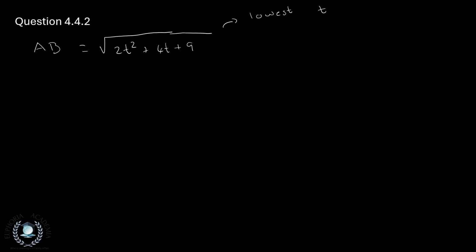Because that's going to help us determine the lowest value of whatever is in the square root. Unfortunately, you can't see it as it is, so we need to factorize so we can isolate the t by itself. We can't use normal factorization techniques, we need to use completing the square.